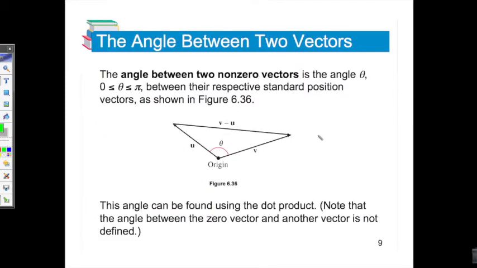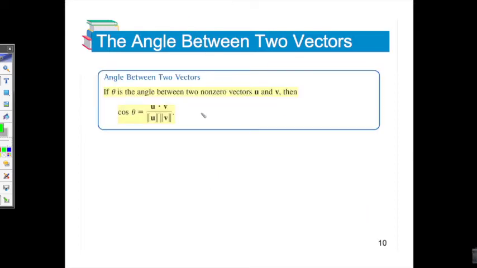Now let's look at the angle between two non-zero vectors. This is where dot product becomes very important. Okay, because within the formula of finding the angle between two non-zero vectors, the dot product plays an integral role. It's actually a secondary definition of the dot product.